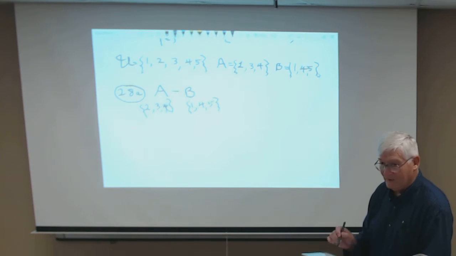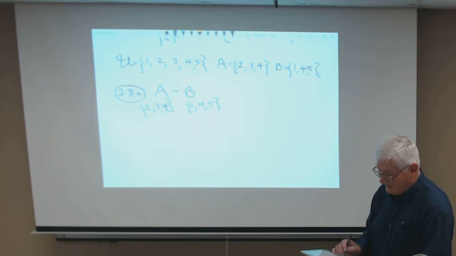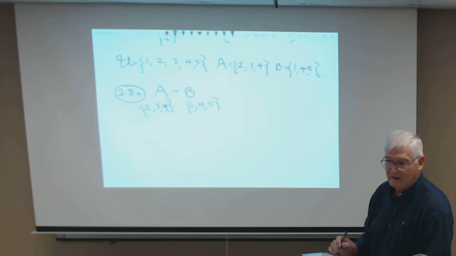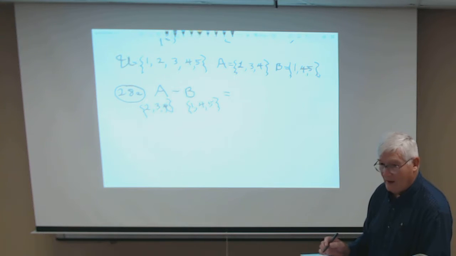Remember, I'm subtracting B from A. I'm taking everything in B out of everything that's in A. I'm taking it away. Here's a 4. Is there a 4 here? Yep, so I take it away. Is there a 5? No, so I do nothing with it. So A minus B would be what? 2 and 3. That's it.